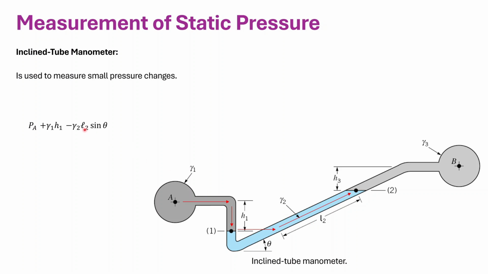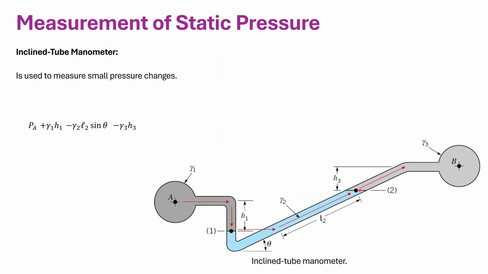So L2 times sine theta gives us this vertical distance. Because what matters in fluids is only vertical distance in terms of pressure change. So if you multiply L2 by sine theta, you get this vertical distance.